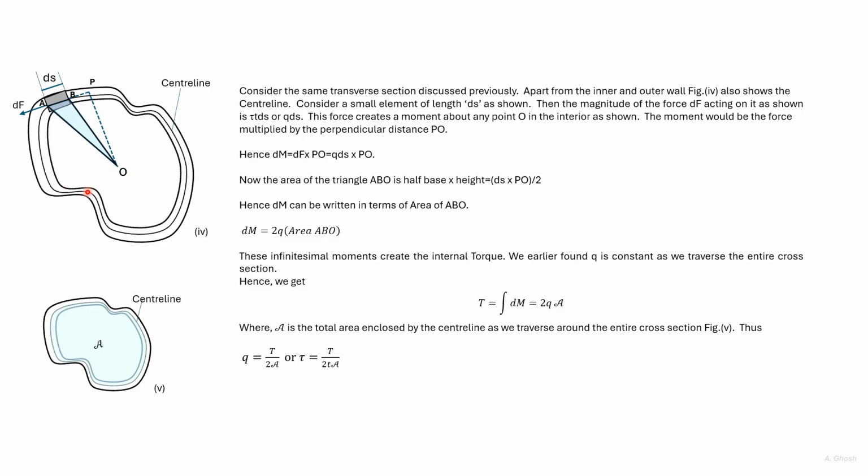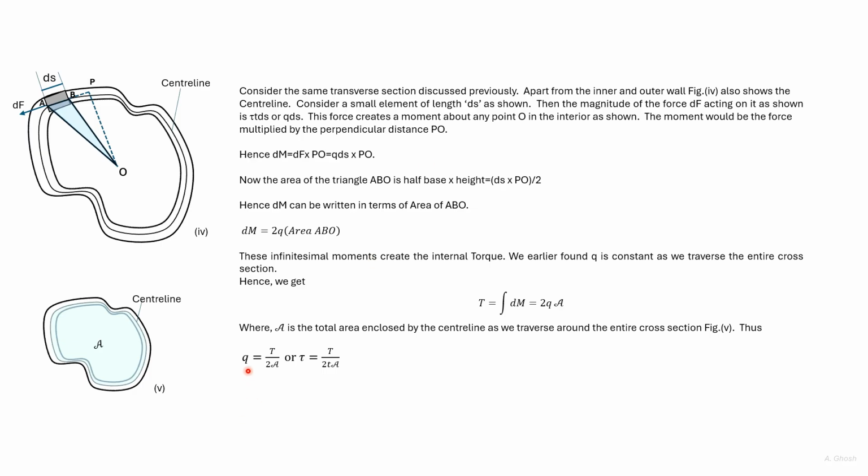There are forces acting all over the cross-section which will create moment about the point O. So the overall moment created will be 2q into the whole area under the center line. This moment comprises the internal torque. So T is equal to integration dM is equal to 2q into A, where A is this whole area.